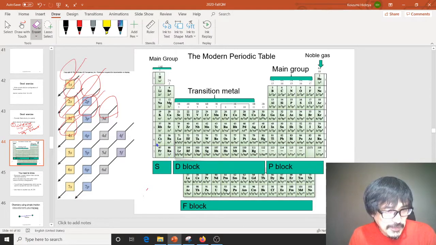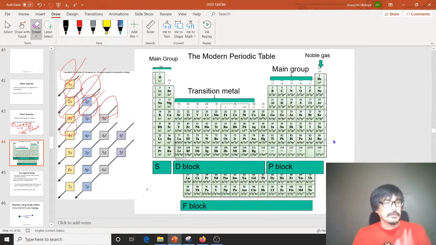So Cs, Ba, La, and then all the way to Yb, and then next up is going to be Lu, and so on and so forth. Notice that 55, 56, 57, 58, and so on, 70, 71, 72, and so on and so forth.